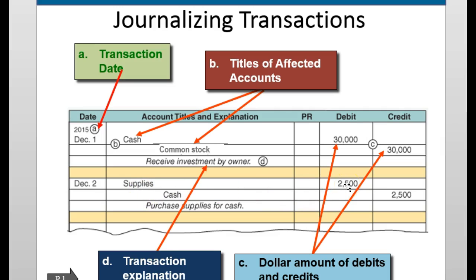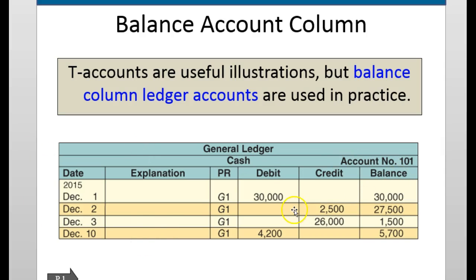Supplies, an asset, increased by $2,500, and we paid $2,500 out of the cash. So a decrease in cash and an increase in supplies. And that gets reflected over here. December 2nd, we credit it, which deducts from it, and this gives us our balance of $27,500.